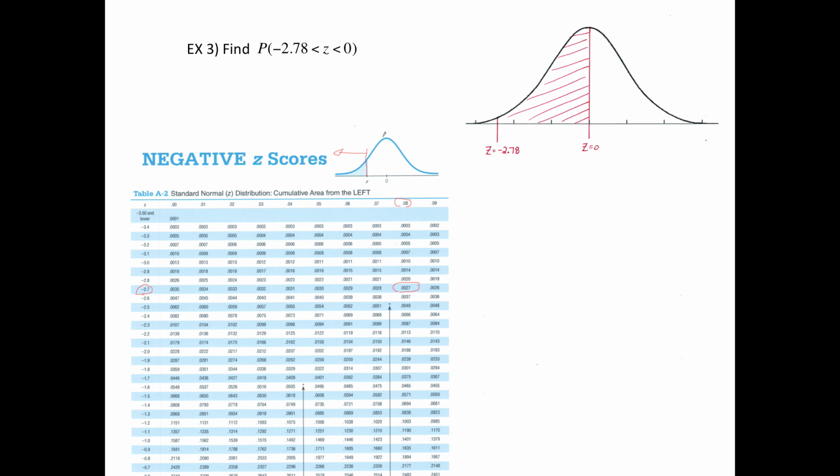But we actually want from the middle over to here. If it's the middle, then that would be 50%. So this is about 50%, but take off this little tail. So 50%, subtract the 0.0027, a little bit less than 50%, 49.7%.